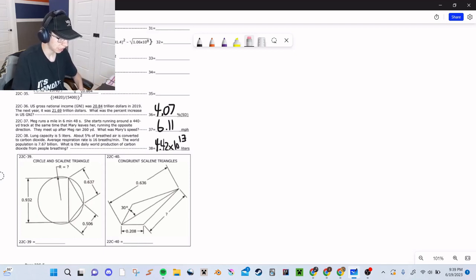Okay, so 39, we have a circle and a scalene triangle inscribed in it.